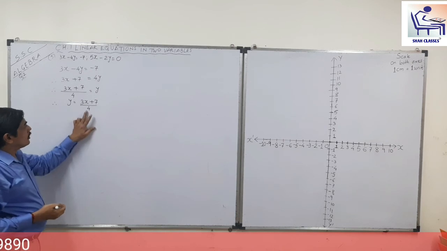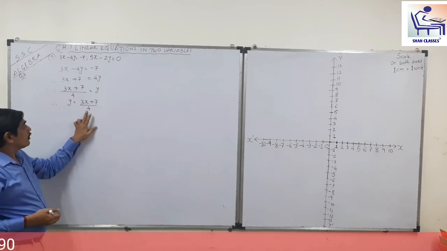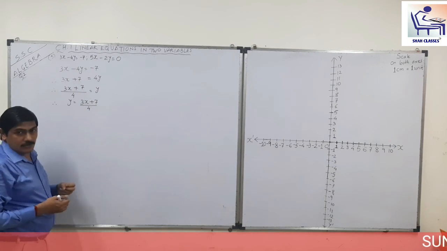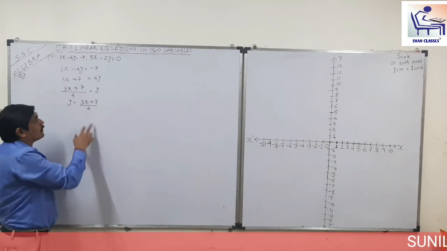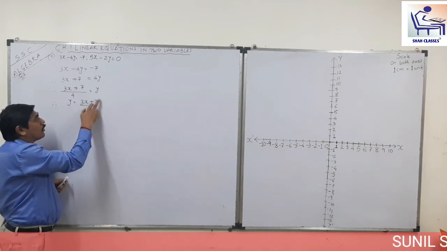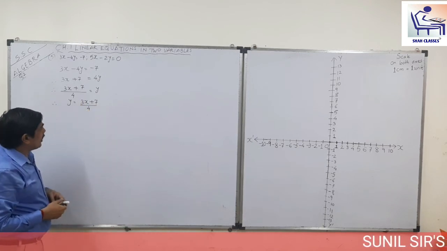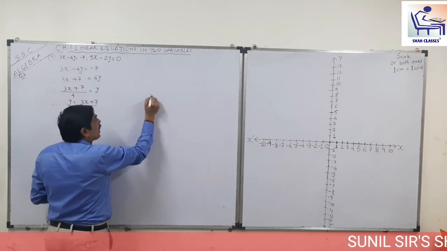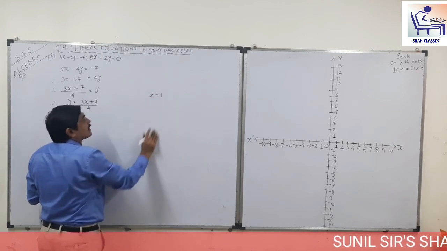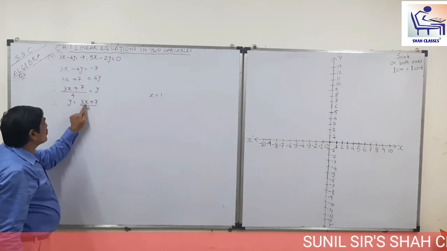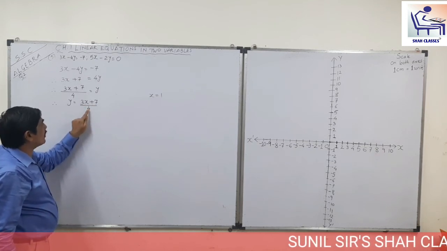The problem lies here. We have to see that the value of x must be like that, wherein we can divide the value of the numerator by 4. So just decide in your mind, if I take value x as 1, what will be the final answer? 3 ones are 3, 3 plus 7, 10.